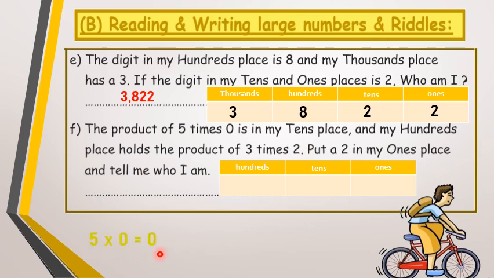So I'll multiply 5 by 0, which gives 0. So 0 will be in the tens place. And my 100 place holds the product of 3 times 2. So I'll multiply 3 by 2, which gives me 6. So 6 will be in the 100 place. But 2 is in my ones place. So I put 2 in the ones place. Who am I? The number will be 602.